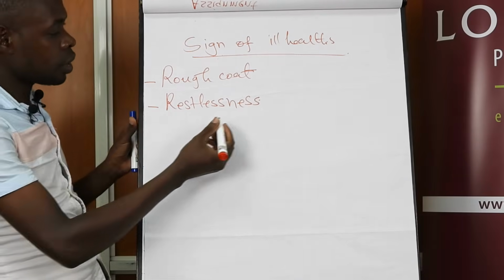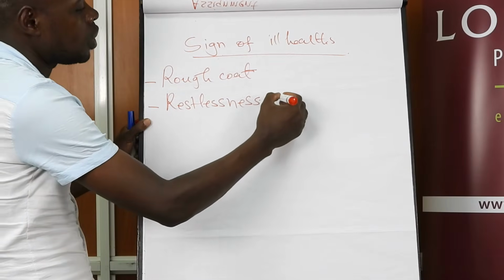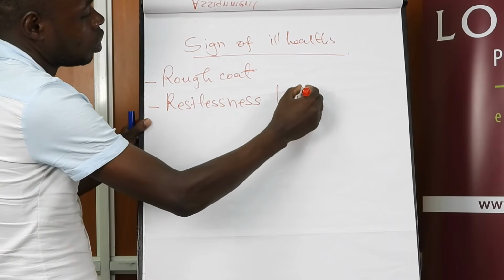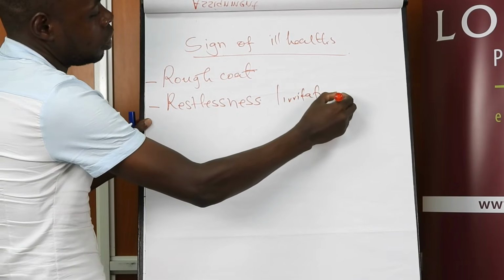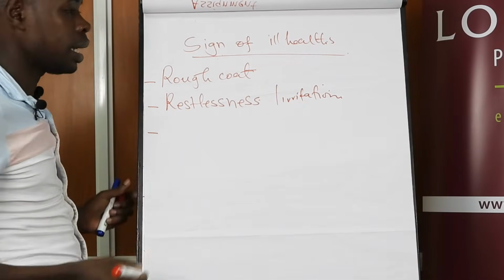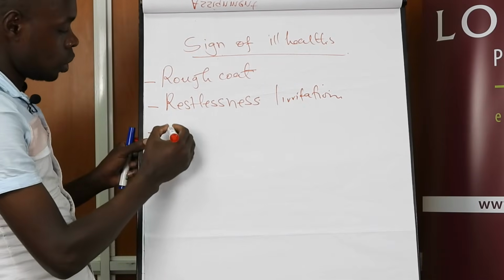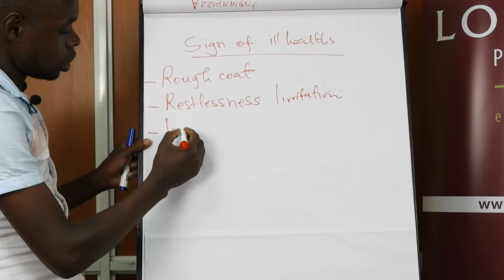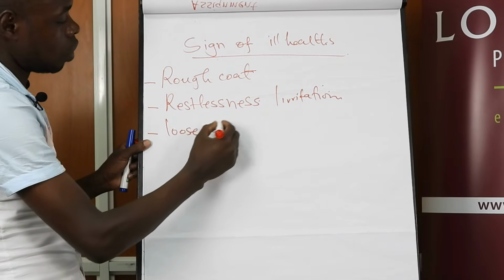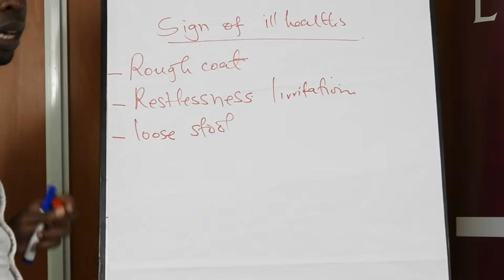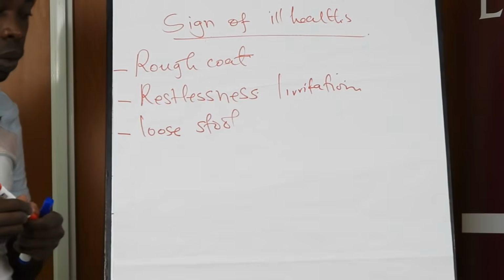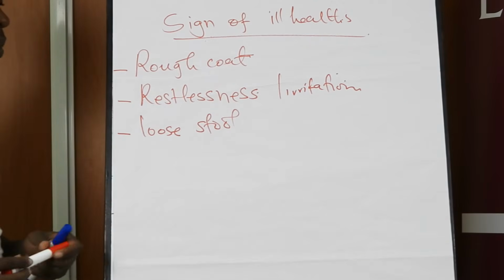So we have restlessness, which is caused by irritation of the body. Another sign is loose stools. What do we mean by loose stool? When the animal defecates, you will see the stool or the feces becomes loose.